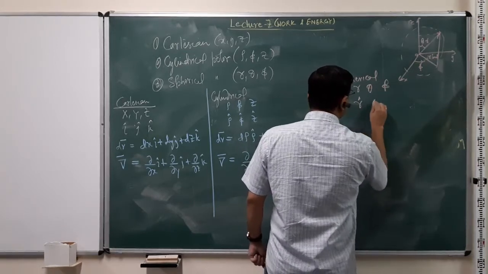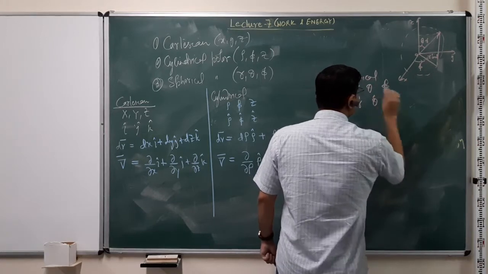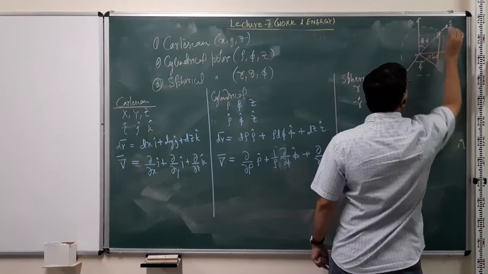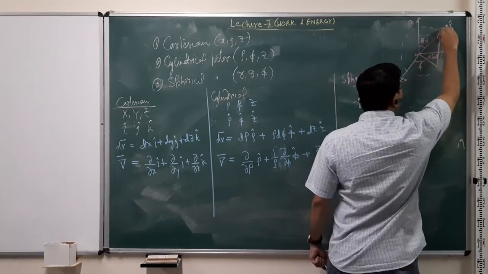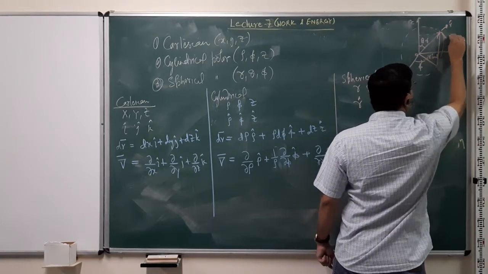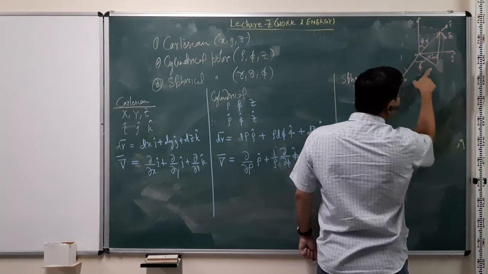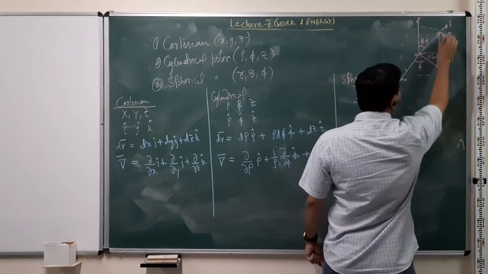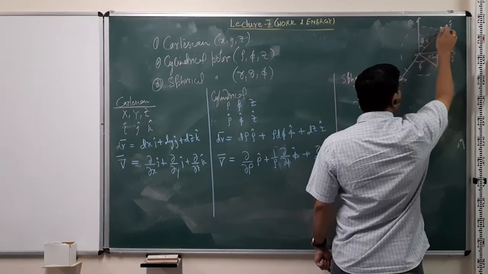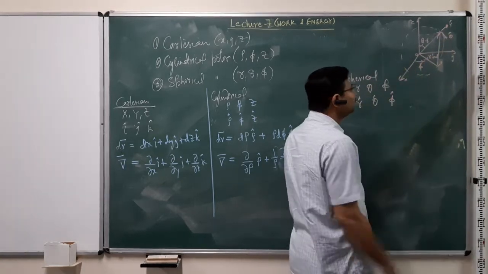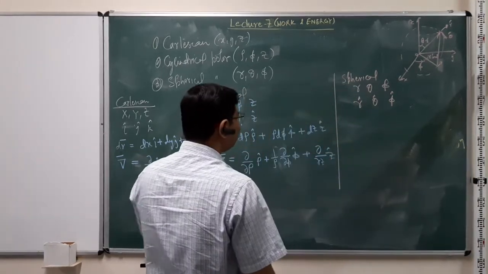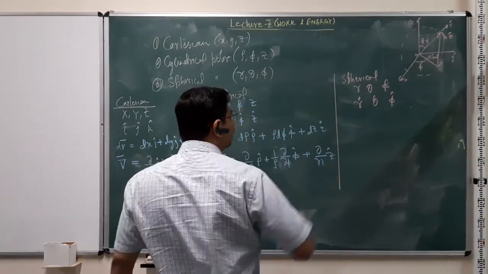Unit vectors will be r cap, theta cap, phi cap. Again, r cap will point in this direction. Theta cap, the increment of theta, will point in this direction, and phi cap, the increment of phi, will point in this direction. Basically, at this location, it's going inside the board, right? So that is my phi cap direction.